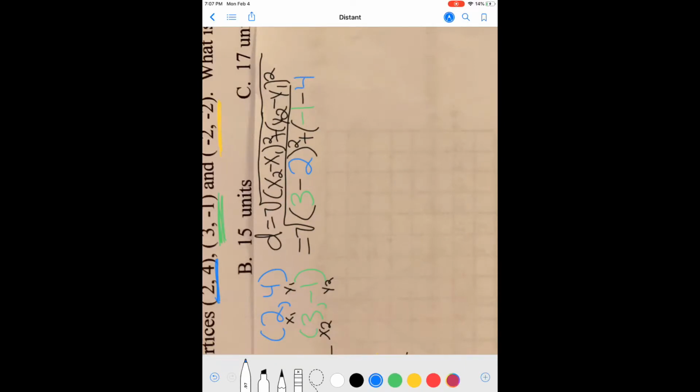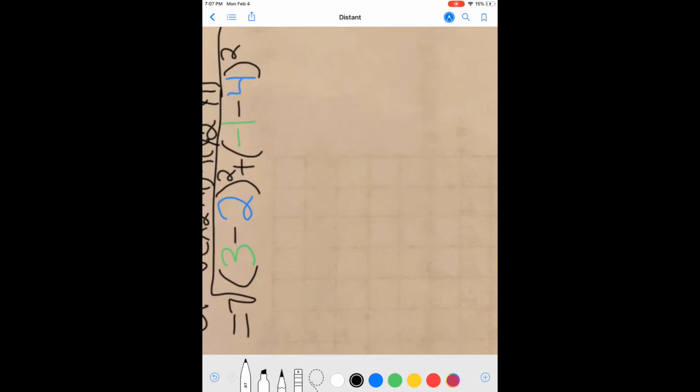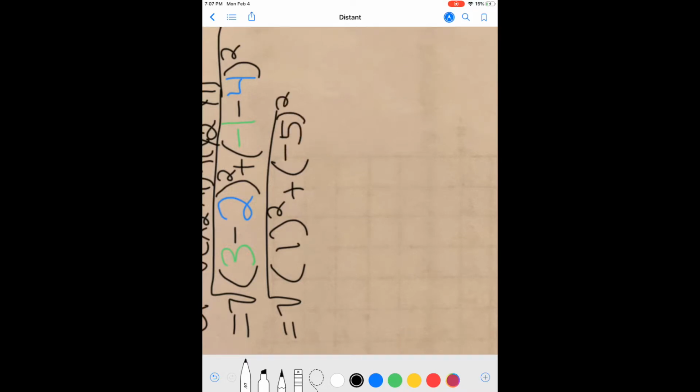And my y1 is 4 squared. So I'm coming in here and simplifying my substituted values in. So my first parentheses is 3 minus 2, which is 1. Still squared, still addition. And my second parentheses is going to simplify -1 minus 4, which is -5 squared.